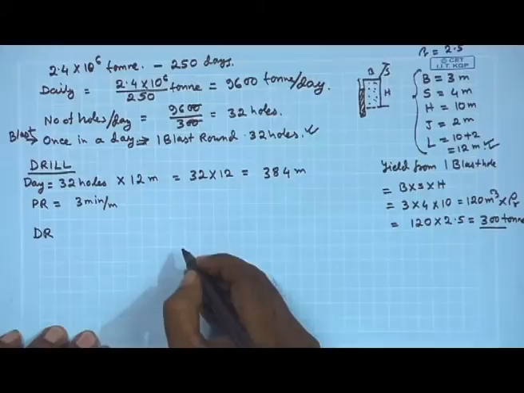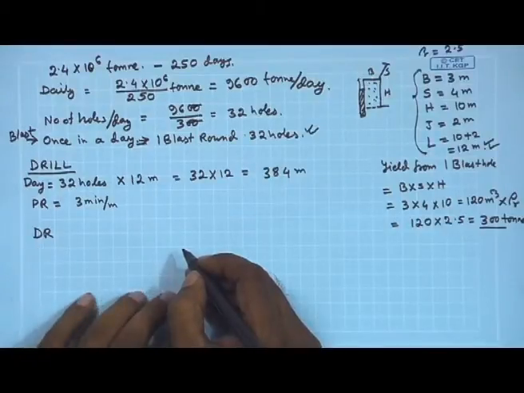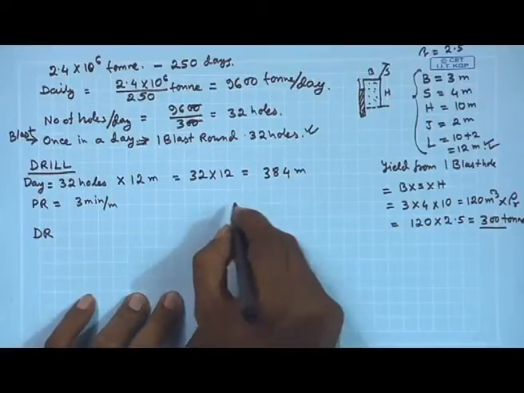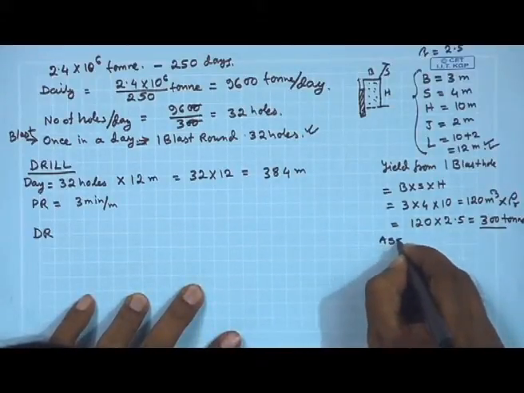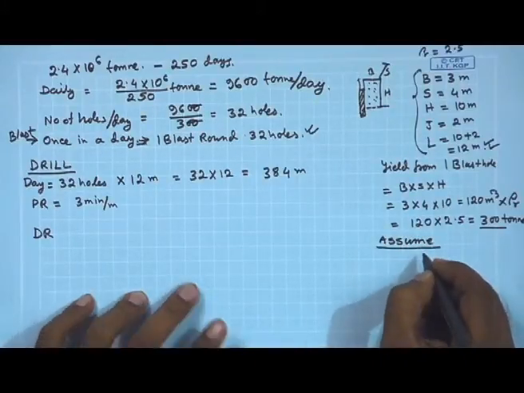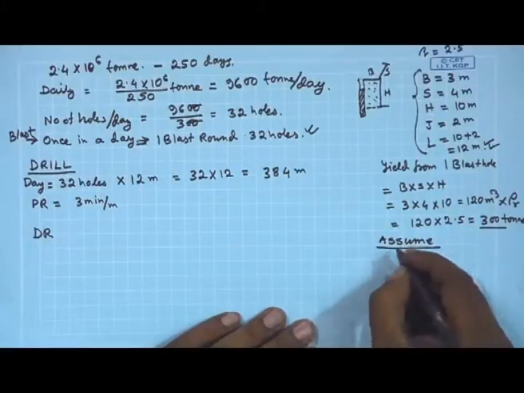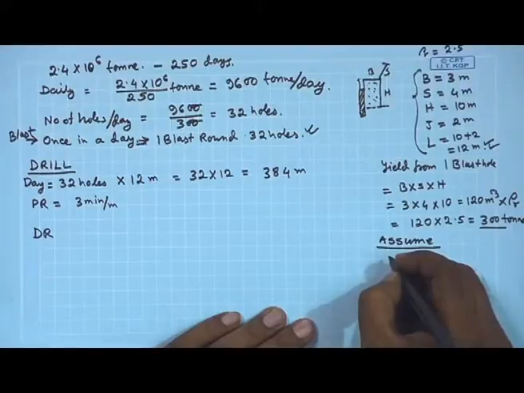For calculating this drill rate, we need to know the different delay times. Let us assume those are not given here. So, we need to assume some delay times pertaining to the drilling.